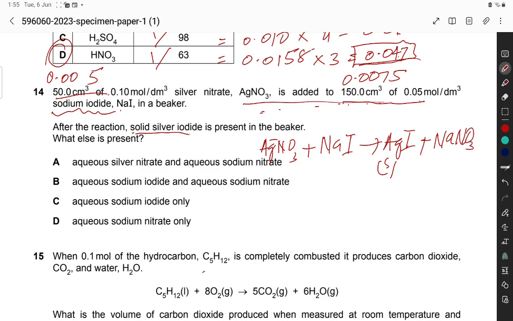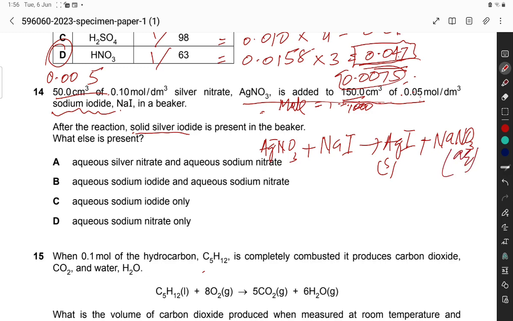This is AgNO3. AgNO3 has 0.0075 mole. So this is how to calculate. Divided by 1000 into 0.05. Mole is equal to concentration into volume. And silver nitrate has 0.005 mole, while sodium iodide has 0.0075 moles. So this is the mole of sodium iodide, and this is mole of silver nitrate. When these two compounds react with each other they form silver iodide and aqueous sodium nitrate.